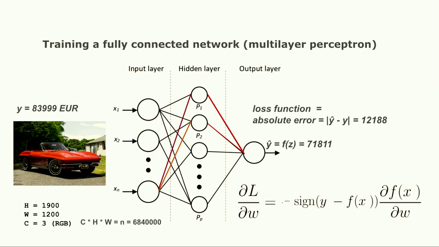In neural networks, weights are the adjustable parameters that determine how strongly one neuron influences another. You can think of weights as roads connecting cities. Here we have a fully connected network with one hidden layer. If the input is an image, the number of input neurons corresponds to the total number of pixels multiplied by the color channels.